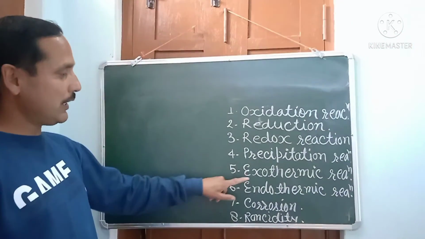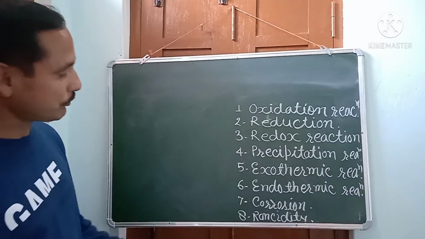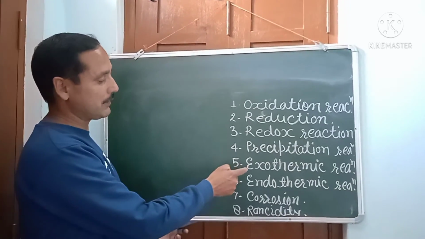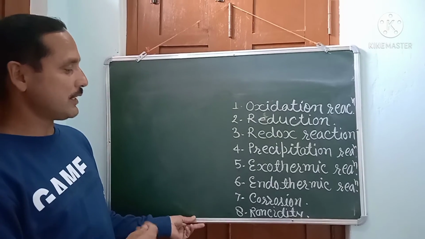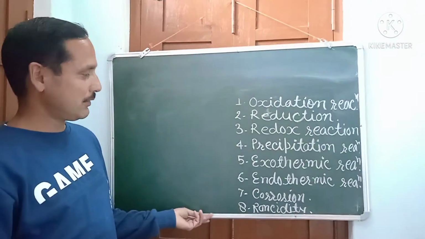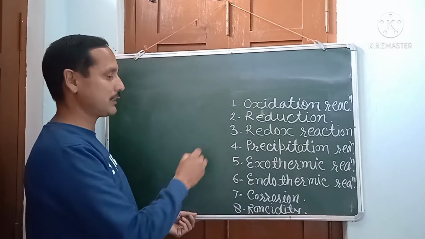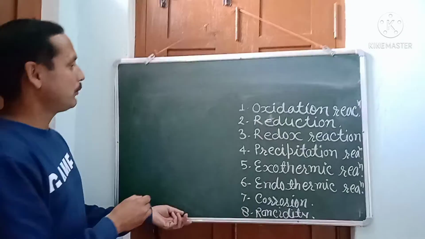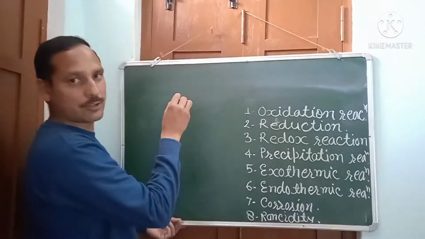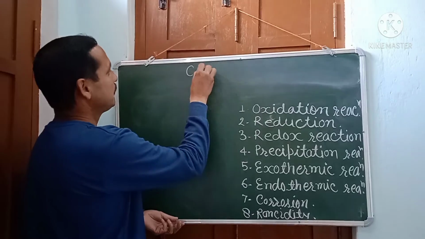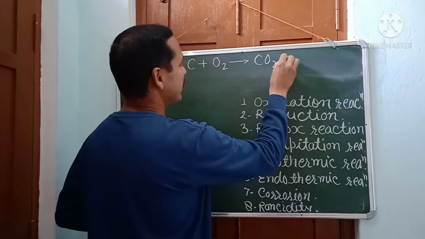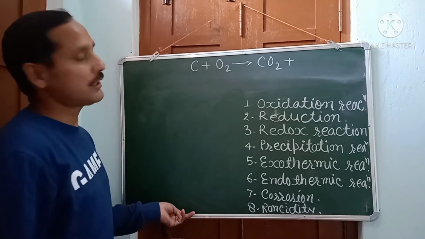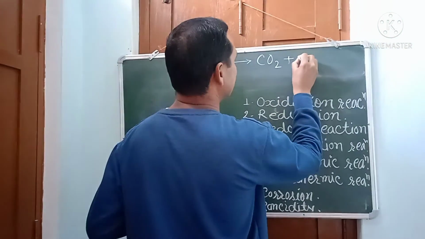Next reaction is exothermic reaction. Such a chemical reaction in which energy is released during the reaction is called exothermic reaction. Now, when we burn coal, carbon C plus O2, then carbon dioxide is formed and we feel some heat, that is energy.